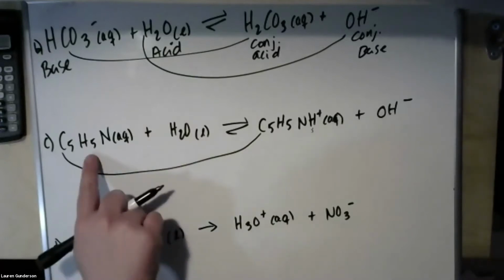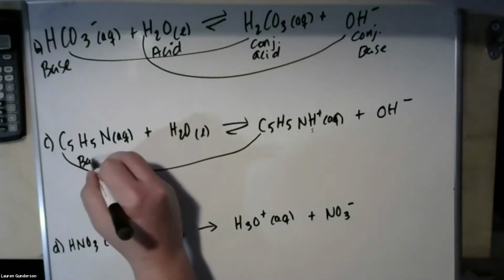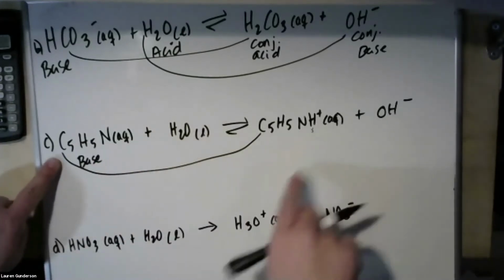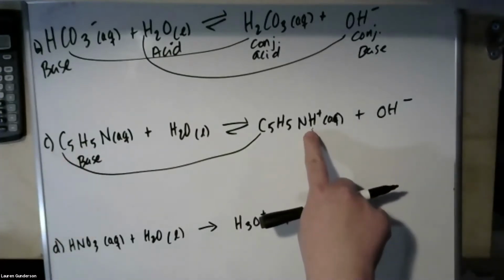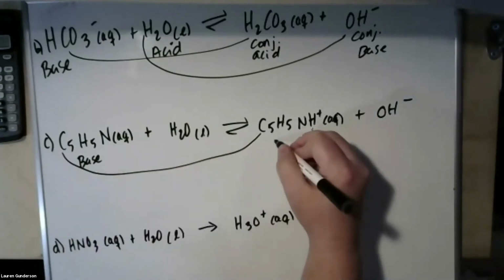By definition, if it accepts a proton, that means it's a base. We can see just based on these 2 forms that this compound accepted a proton to become this compound. And if this is your base, that makes this its conjugate acid.